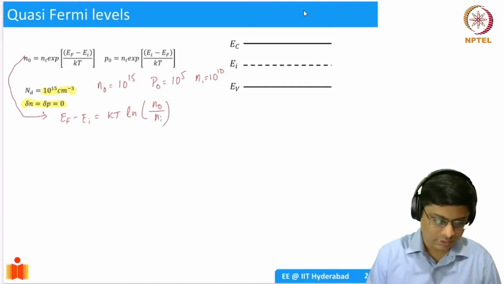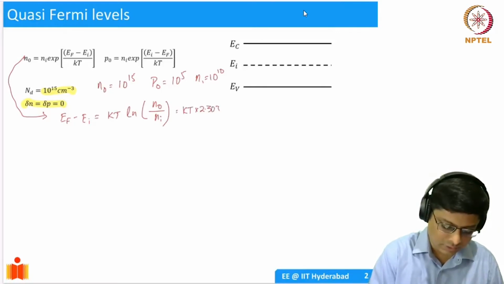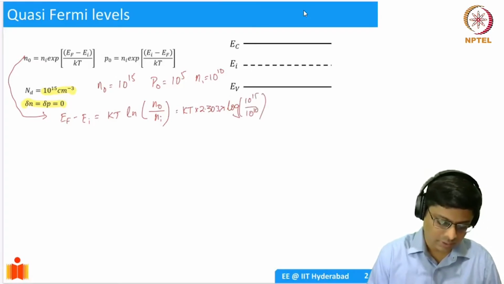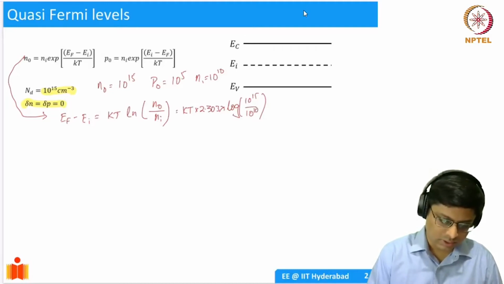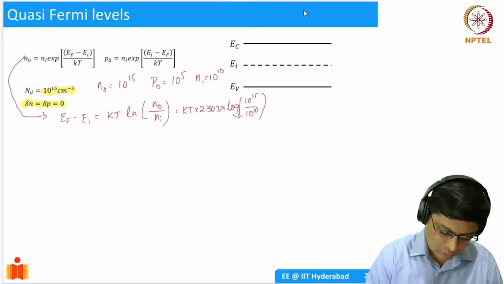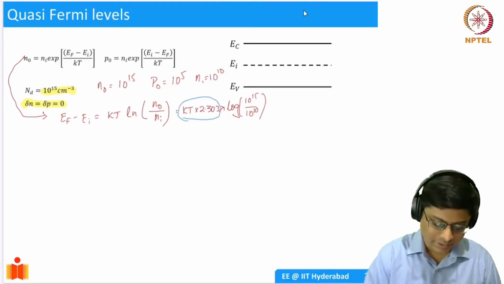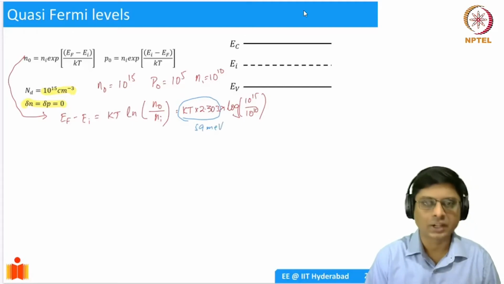So this would be KT into 2.303 into log of 10 power 15 divided by 10 power 10. This particular quantity here, KT into 2.3, will turn out to be exactly 59 meV, milli electron volts.